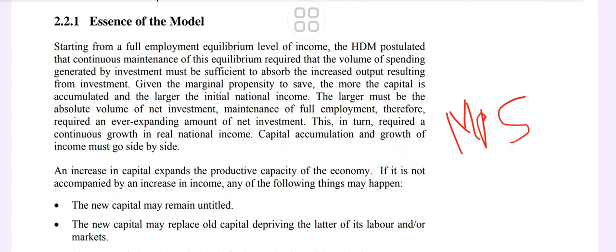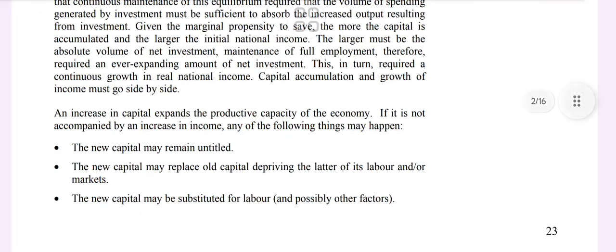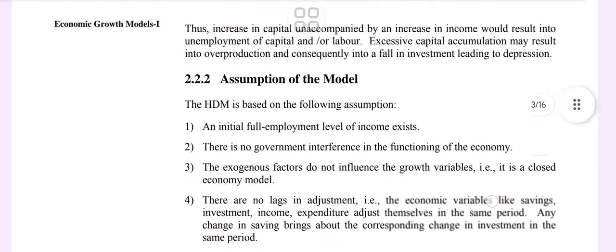Obviously, the larger must be the absolute volume of net investment. Maintenance of full employment therefore required an ever expanding amount of net investment, which in turn required a continuous growth in real national income. Capital accumulation and growth of income must go side by side, and an increase in capital expands the productive capacity of the economy.